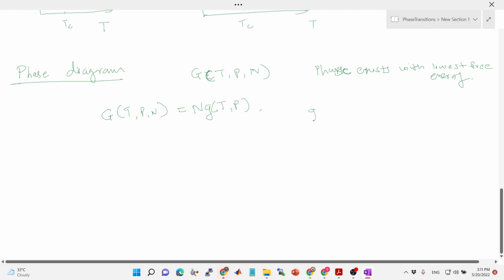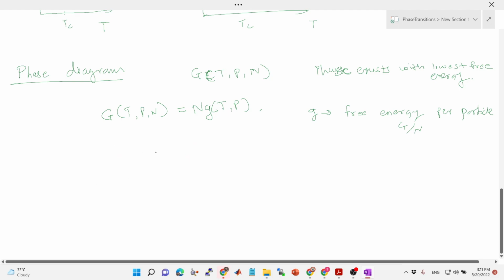What that means is g is the free energy per particle, that is, total free energy G divided by N gives you small g. And of course, it will only depend on T and P.